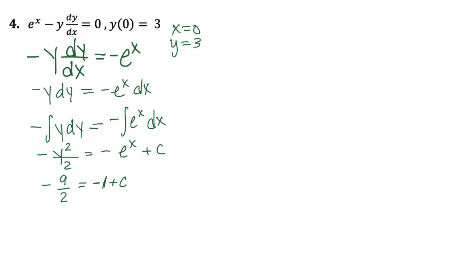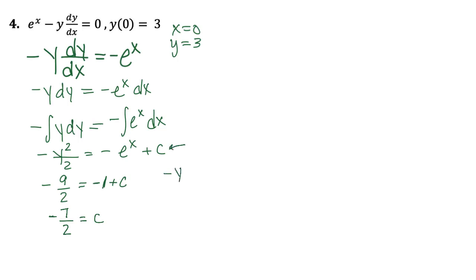Alright, add 1 over. What is negative 9/2 plus 1? Negative 7/2 equals c. Did y'all get that for your C? Alright, and so now let's go find our equation, which is right there, isn't it?